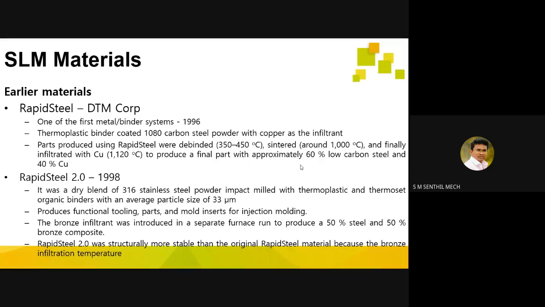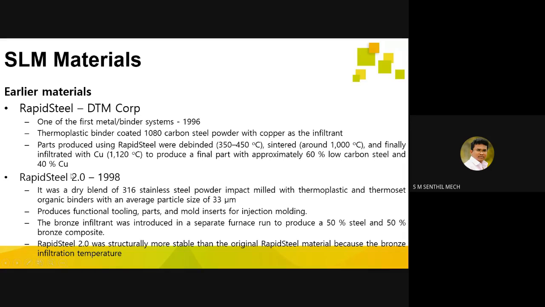So that is an infiltrant. The parts produced using this Rapid Tool were debinded. Debinding is another process, a post process. Then they were sintered and finally infiltrated with copper to produce the final part with approximately 60% low carbon steel and 40% copper. So the composition of the final part will be 60-40.